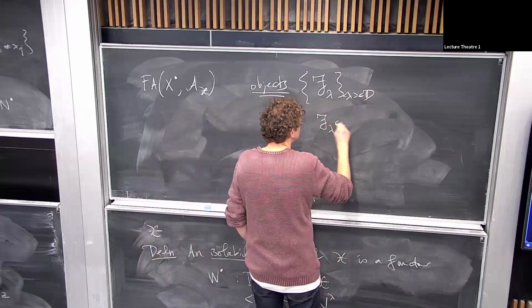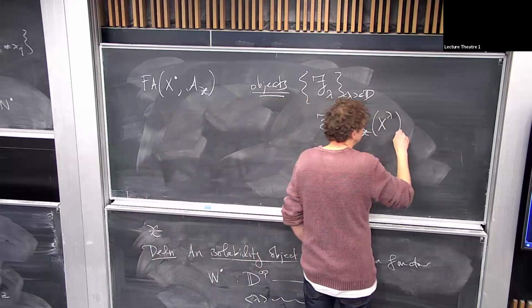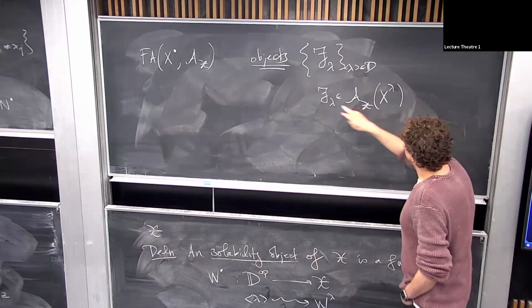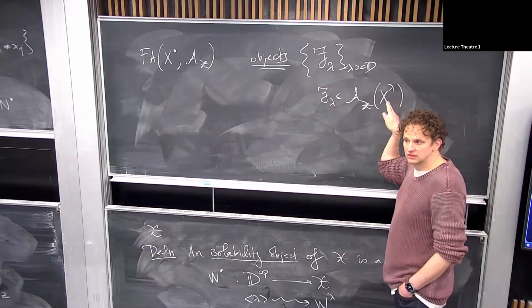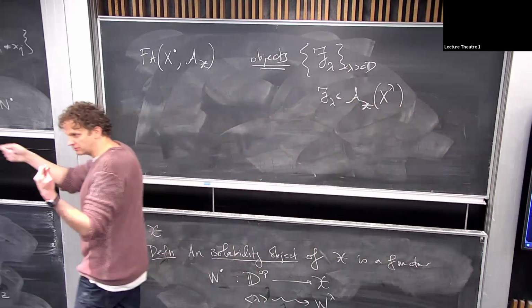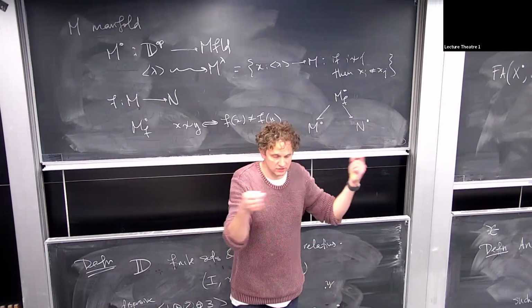These F lambdas live in the category of sheaves on X to the lambda. So we're going to have a bunch of these sheaves, and they're going to fit together in the way you think they will under the maps inside D. Have you all pictured what the association has to be?